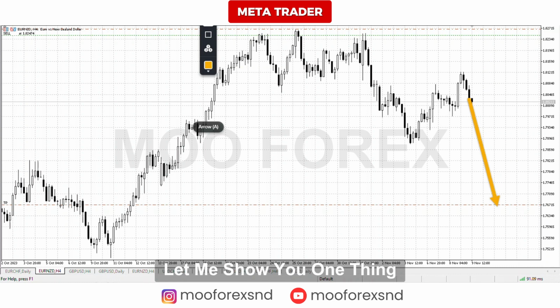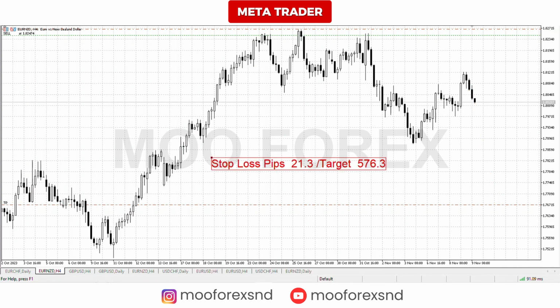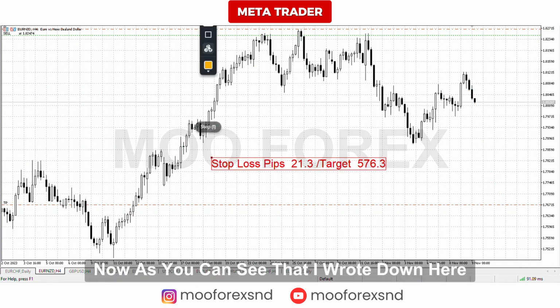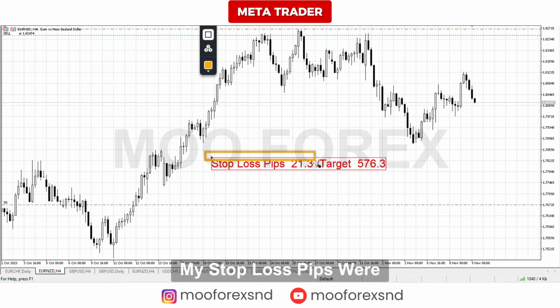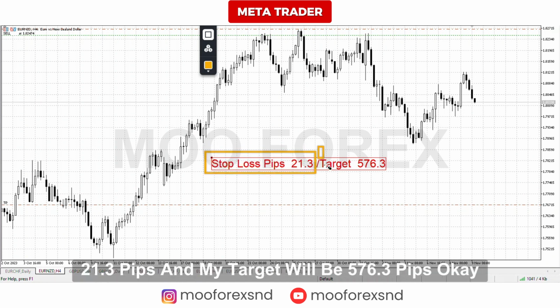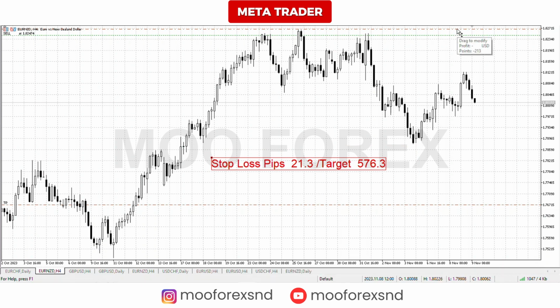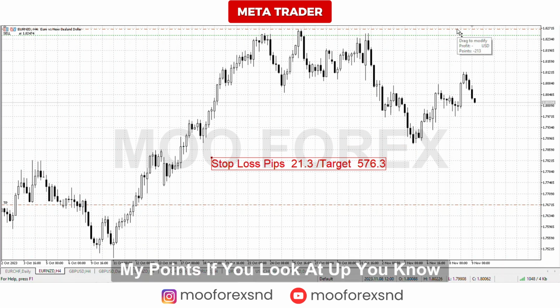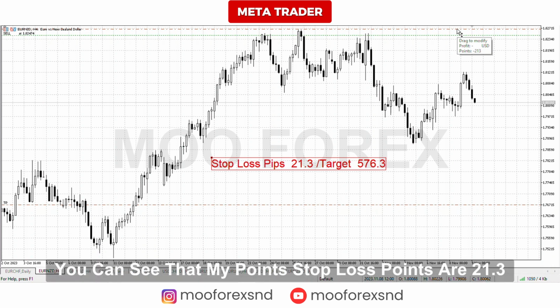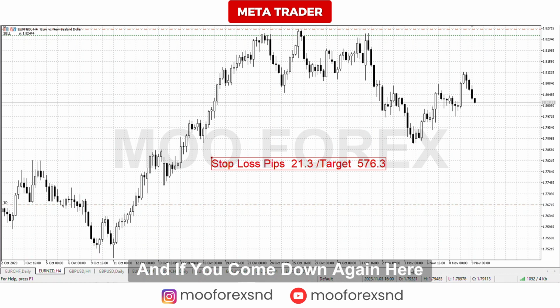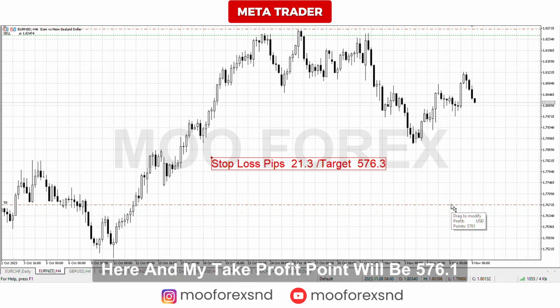Now let me show you one thing. As you can see, I wrote down here my stop loss was 21.3 pips and my target will be 576.3 pips. As you can see here, my stop loss points are 21.3, and if you come down here and look at the mouse, my take profit will be 576.1.